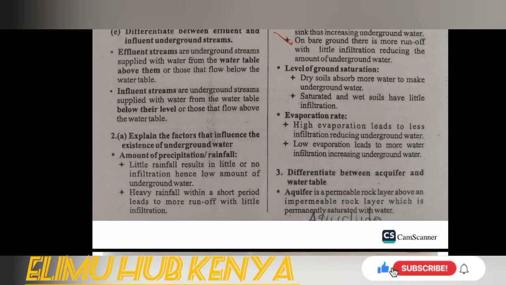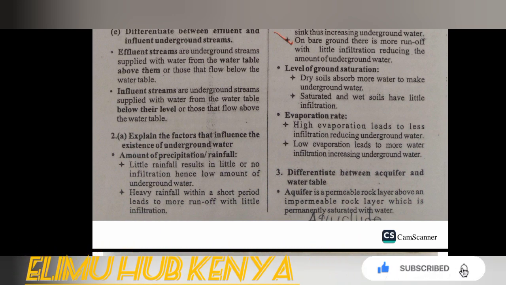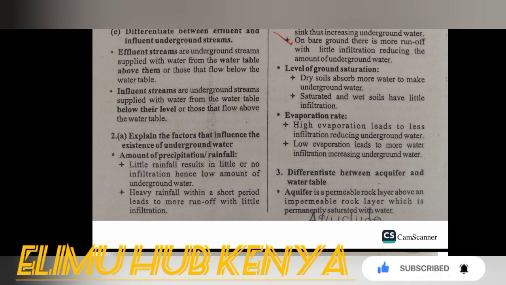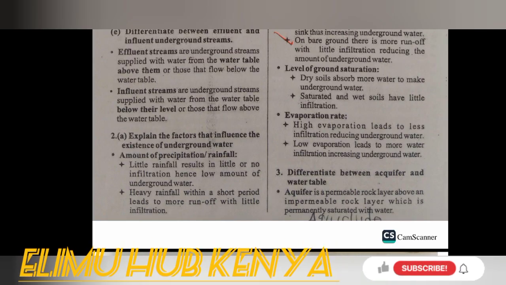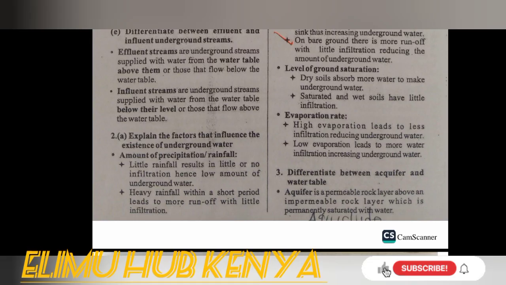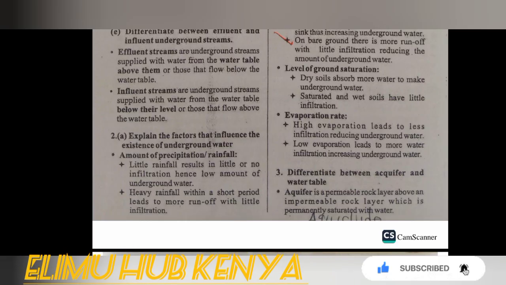Now, when you look at this factor of precipitation, it's important to look at it in three phases. We look at precipitation in terms of intensity, in terms of duration, and also in terms of reliability. Are we together?